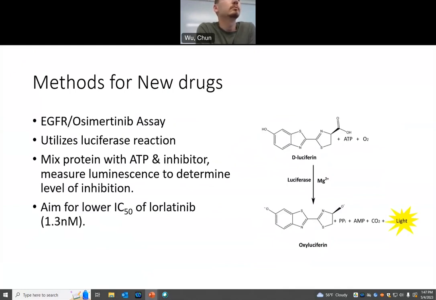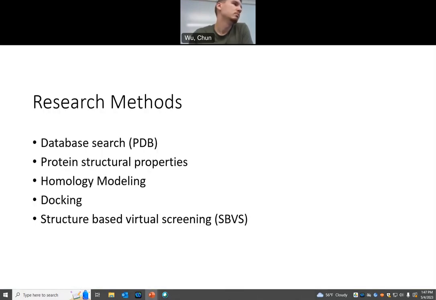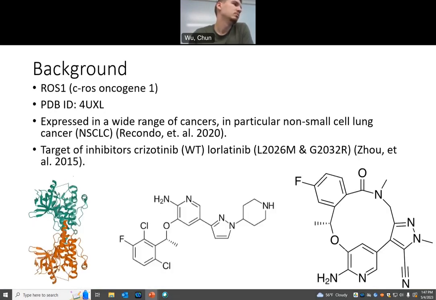Okay, go to this slide. Here, just one comment. I like this data because you showed the support for why that mutation causes drug resistance. You have the study actually provide evidence supporting those 2 mutations cause drug resistance.